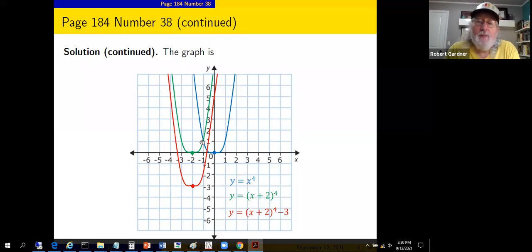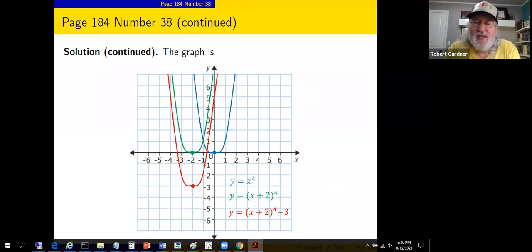This point -1, 1 moved over 2 and down 3 to produce this point. That's the point -3, -2, which simply is 1 unit to the left and up from this lowest point, as is the key point on the original graph. So there's what the graph of y equals x plus 2 quantity to the 4th power minus 3 looks like. That's pretty good just for using precalculus.